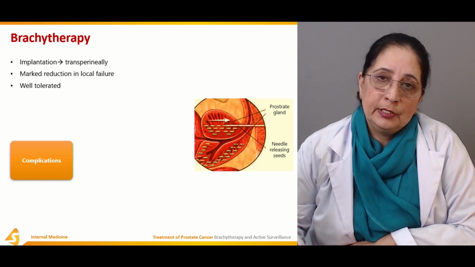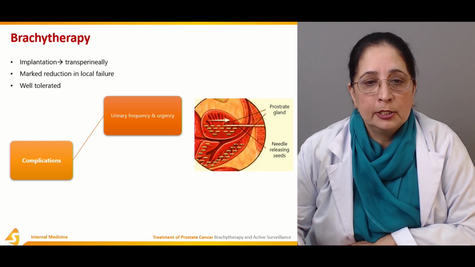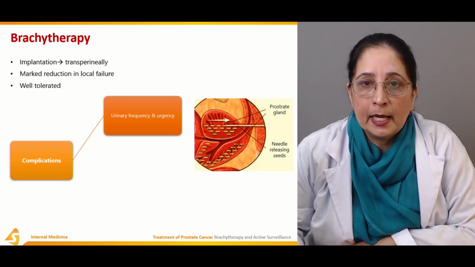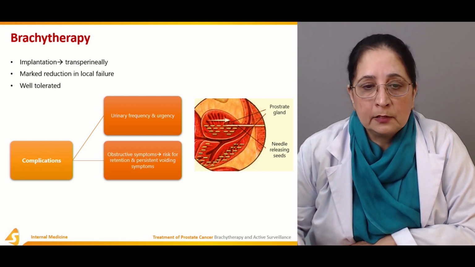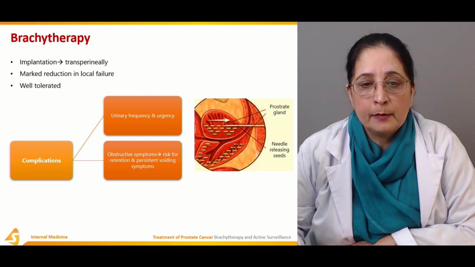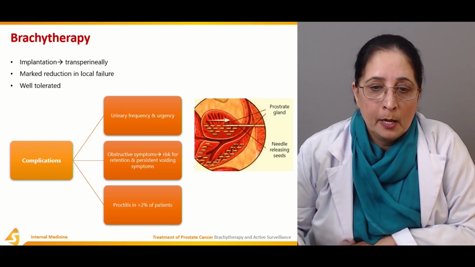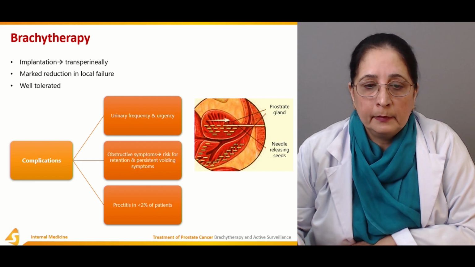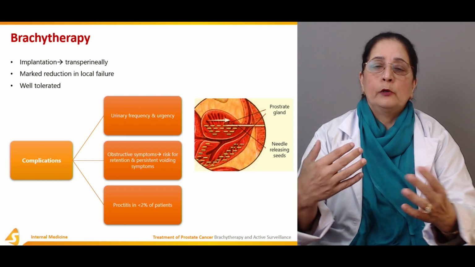The complications that can be associated with brachytherapy are urinary frequency and urgency, obstructive symptoms, risk of retention and persistent voiding symptoms, and proctitis in less than 2% of patients. So there are some complications.